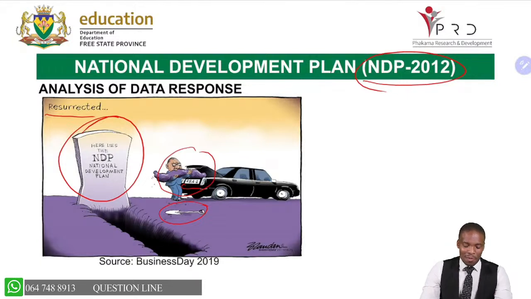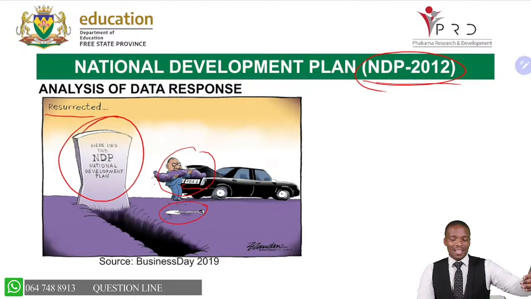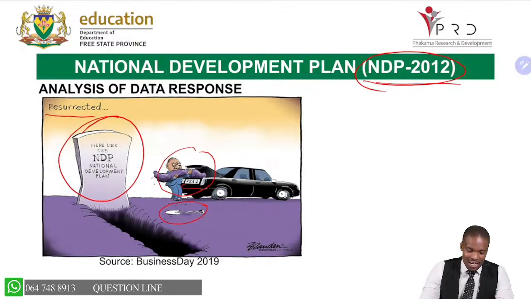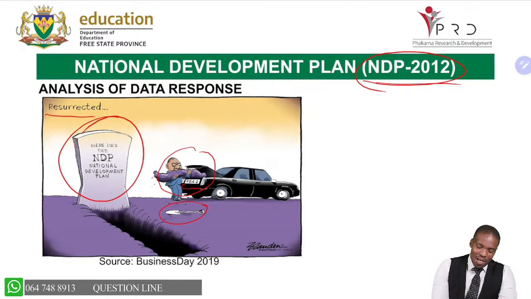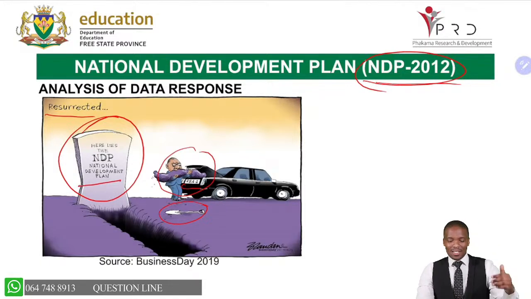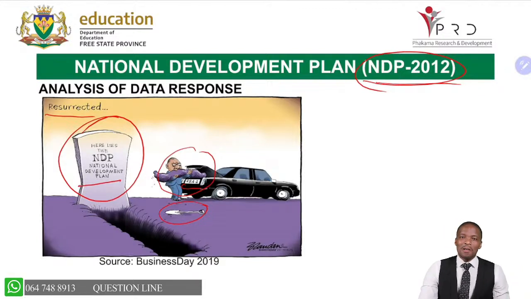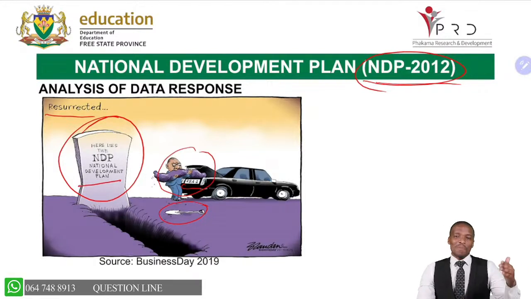The National Development Plan was implemented in 2012, and at that time, it was still under the former president. But now, when the new president came in 2019, they said, remember that there is a policy that was there as the National Development Plan, but it was buried and they had a tombstone on it.